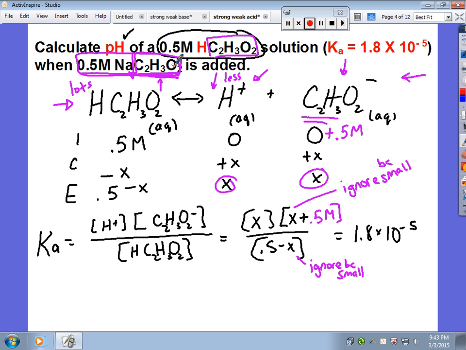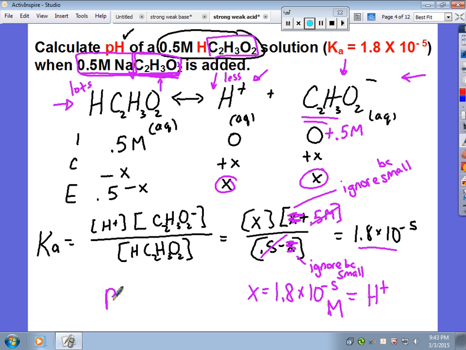Okay, so when I plug those numbers in, I'm going to go ahead and get an x that's equal to 1.8 times 10 to the negative 5. And what is x? Oh, it's my hydrogen ion concentration, so I need to label that molarity. And why is it equal to this? Well, if you get rid of x and get rid of x, don't 0.5 and 0.5 cancel? Okay, now what do I need to find?